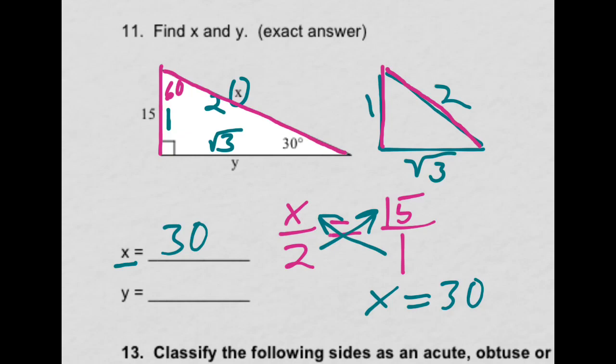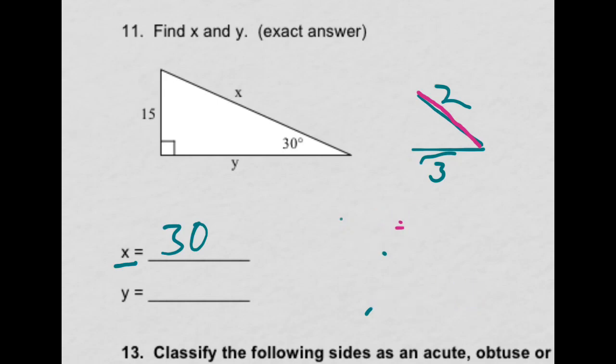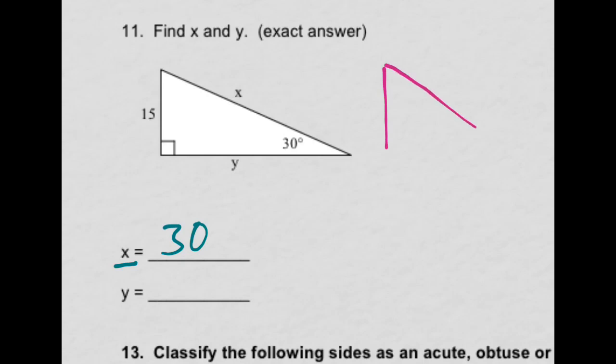Now we have to find our y. And so we can do the same thing. Here I'm going to erase all this mess right here, so we can start with a fresh slate. Okay, here's my known. 1, root 3, 2.